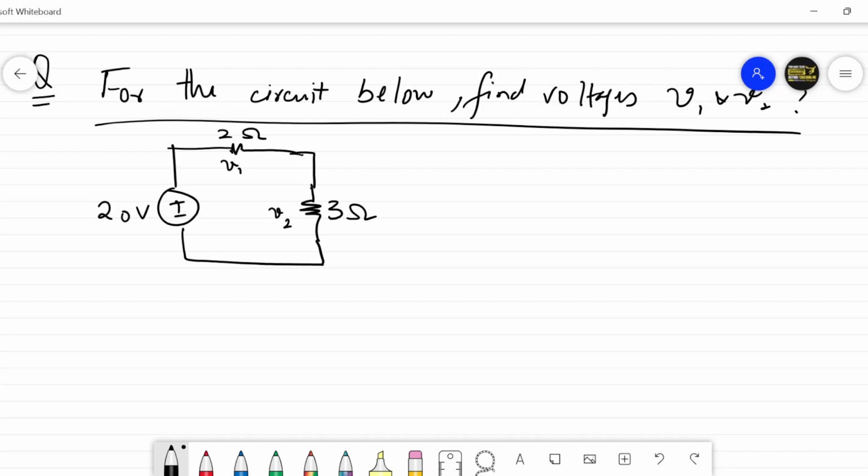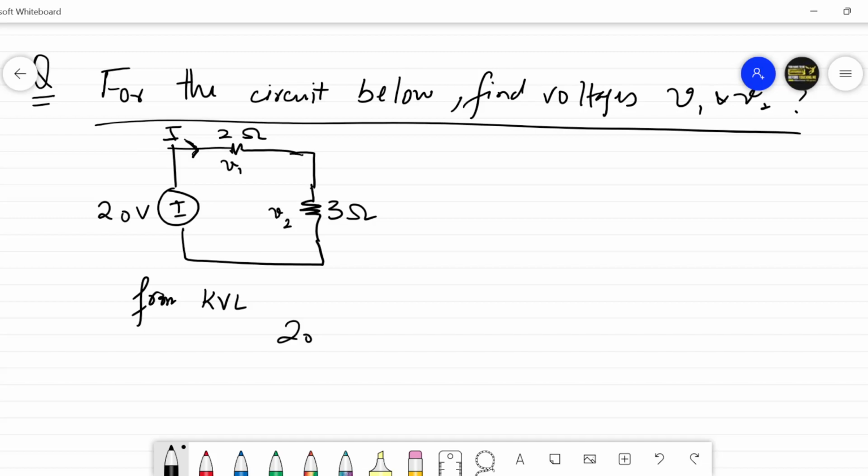Now we have to find actually voltage V1 and V2 in this particular circuit. So if a current I is flowing in this circuit, then by applying KVL to this particular circuit, voltage V, that is 20, will be equal to... let's actually forget this equal to.